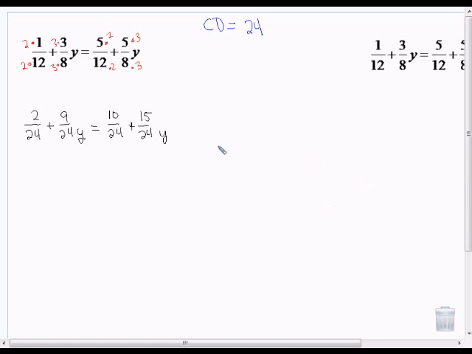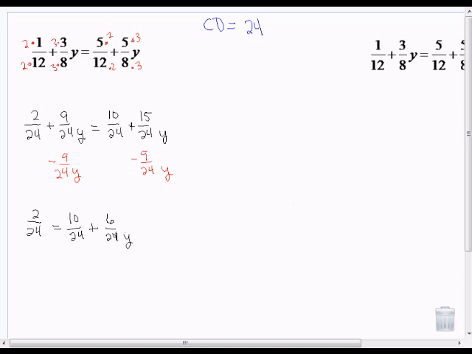Okay. Do you want to subtract the 15/24 or the 9/24? Okay, we'll subtract 9/24. So I get 2/24 is equal to 10/24 plus 15 minus 9 is 6.